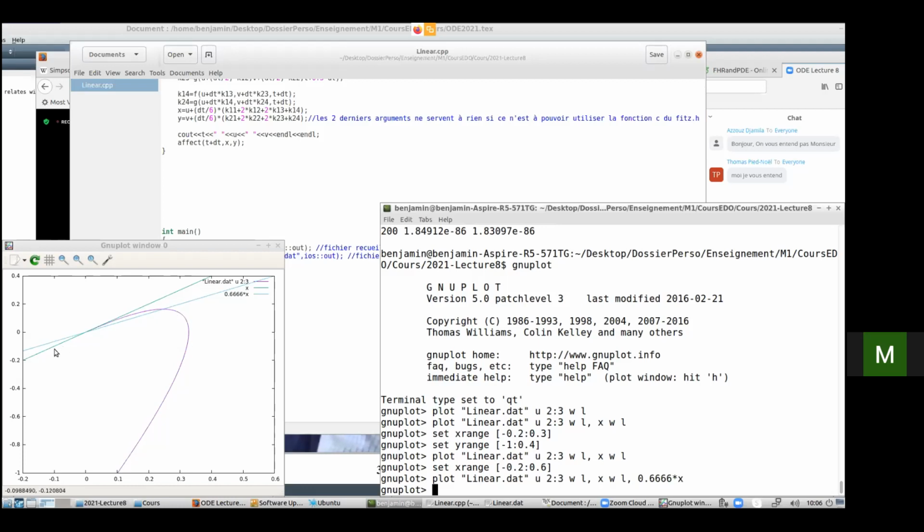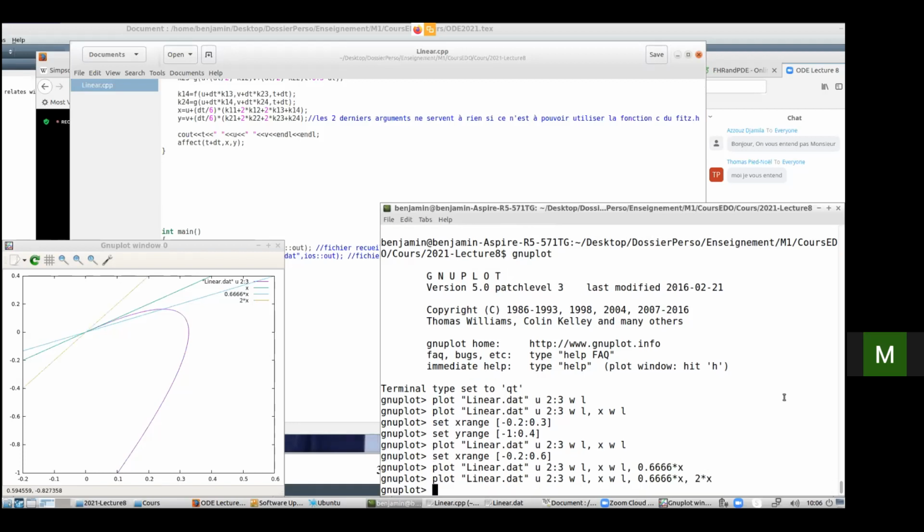All right, and I can also plot the other eigenvector, which is 1, 2. For example, I can choose a solution which starts, let's say, here.